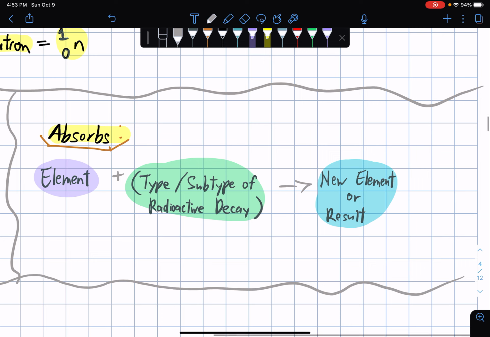As for absorbs, we have the reactant element here, which is added together with the type of radioactive decay.